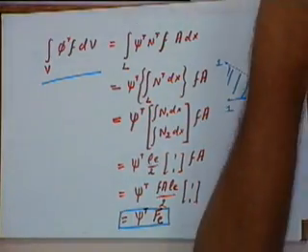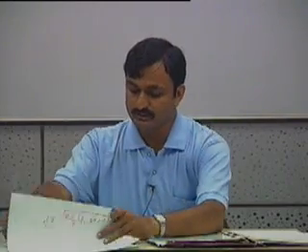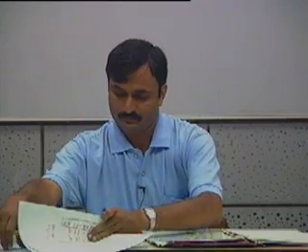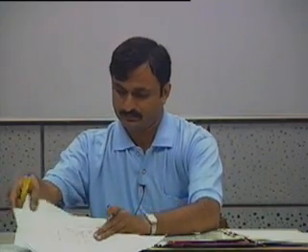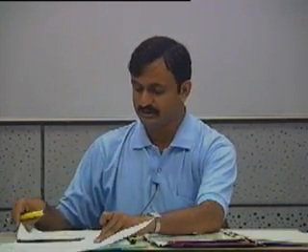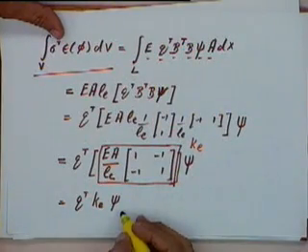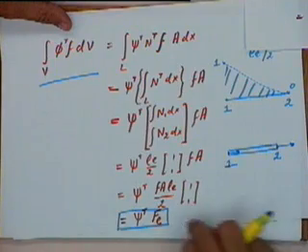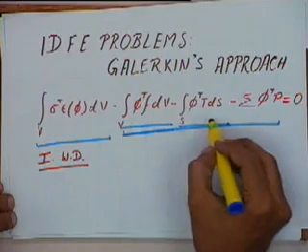Sorry, this is the second term. For the first term we got this expression. For the second term we got this expression, and a similar expression we got for the third term.